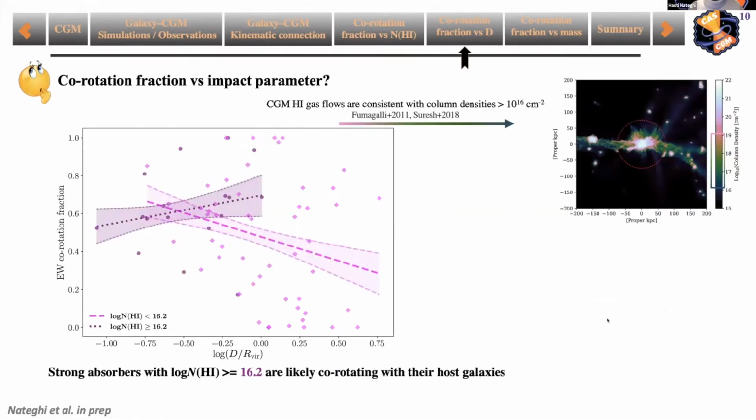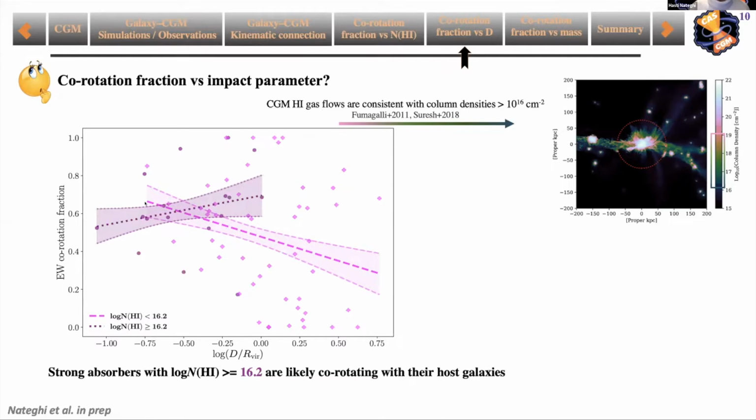So we already know from simulations that the CGM gas flows are consistent with column densities greater than 10^16. To test this, we plot the equivalent width corotation fraction as a function of virial radius normalized impact parameter, and we split the sample into weak and strong absorbers at a column density of 10^16.2.